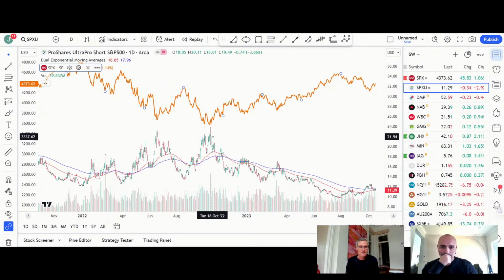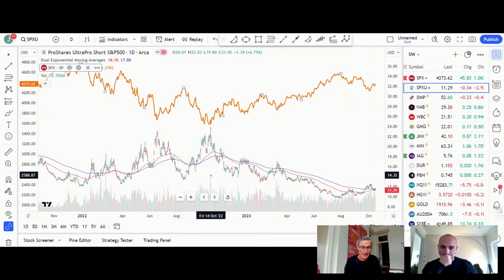What's so interesting here is this low point we had in October when sentiment was just so bearish, so negative. You can see how the volume of this ETF is rising as the market's selling off. So the market's getting more and more hedged, and people are getting more and more short.